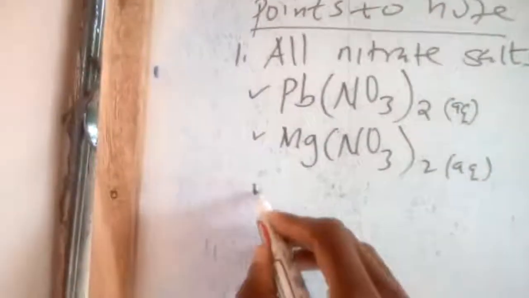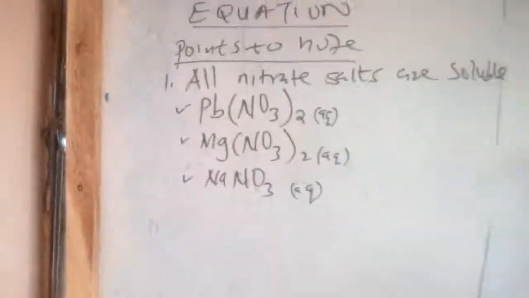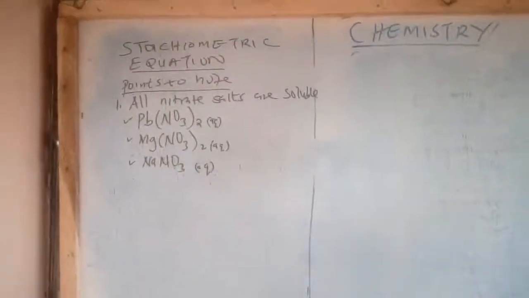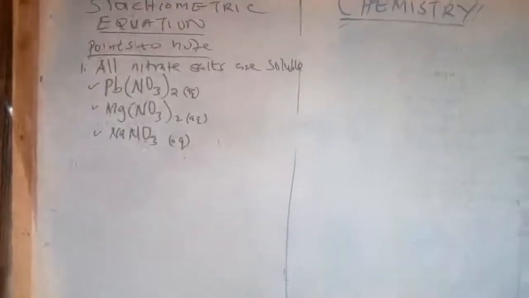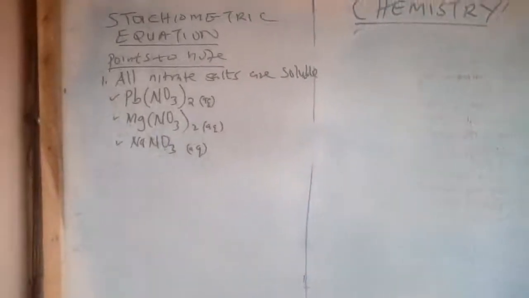Then I can have sodium nitrate, that is another example. And therefore, I just write AQ, meaning that it is capable of forming a solution. Therefore, once it is put in water and mixed in water, it will dissolve, forming an aqueous solution.